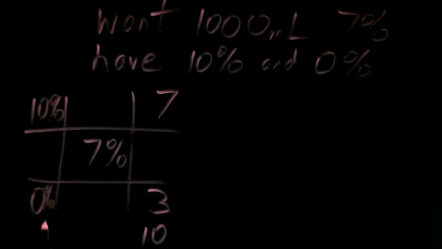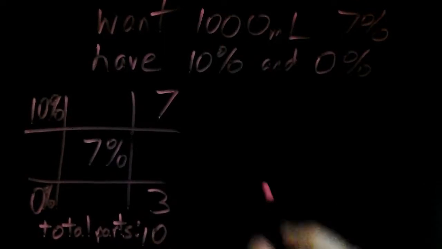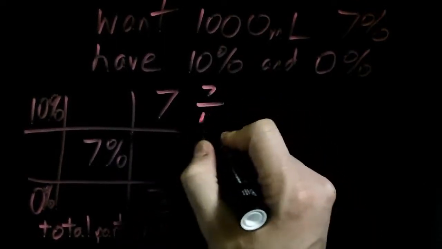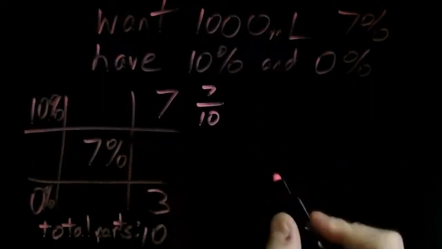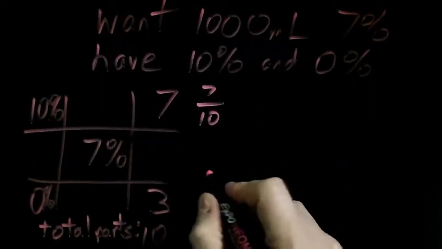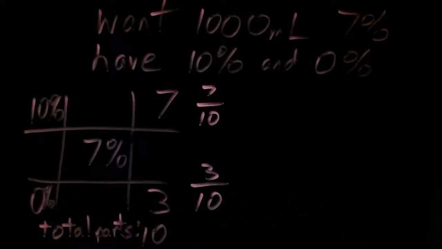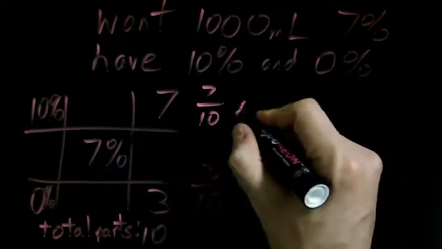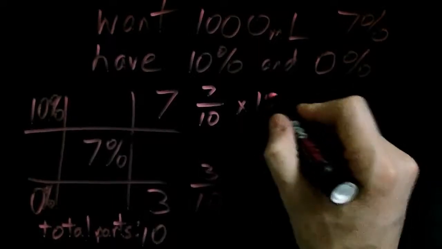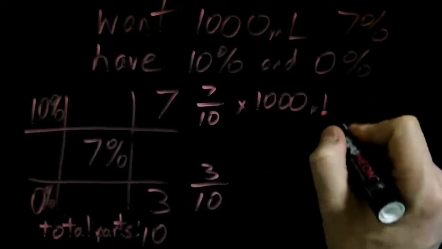I'll add these two together, and the total parts I'll get is 10. And I'll write here, just so we're keeping track of things. Total parts is 10. So 7 of 10 parts, we'll use 10%. And 3 of 10 parts, we'll use 0%. I'm going to multiply this times 1,000 mils for each of these.